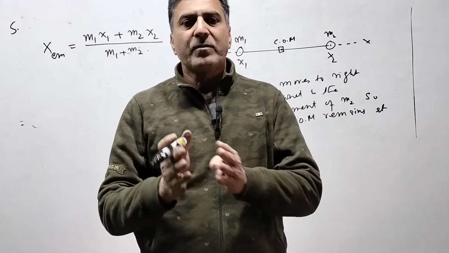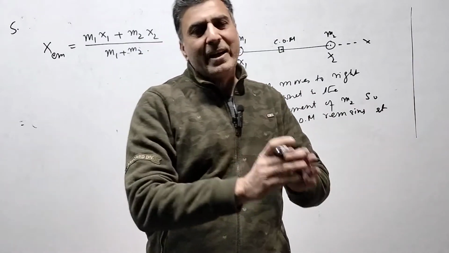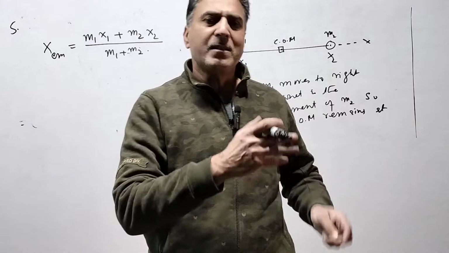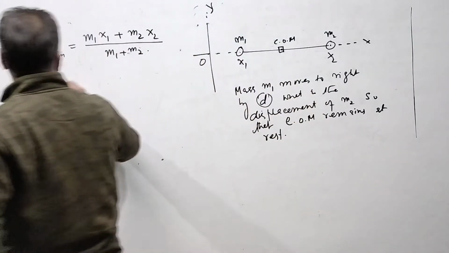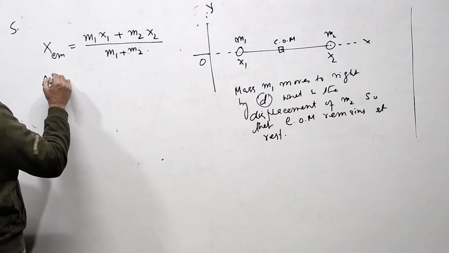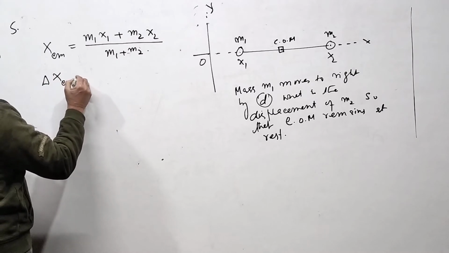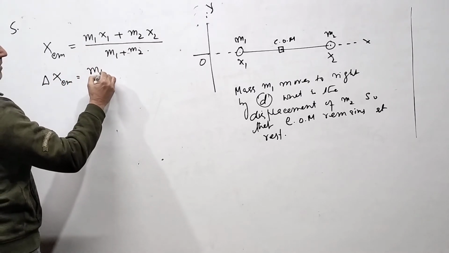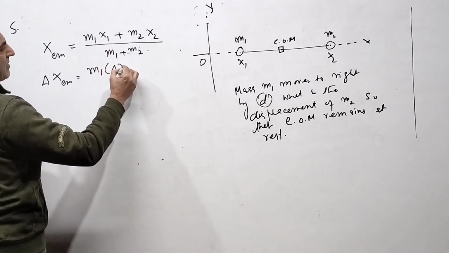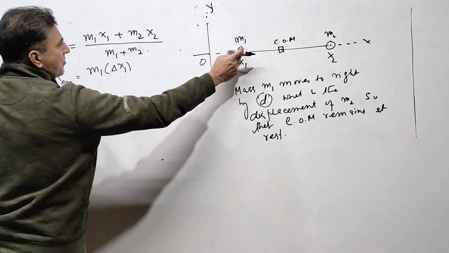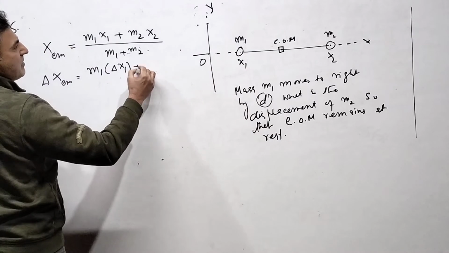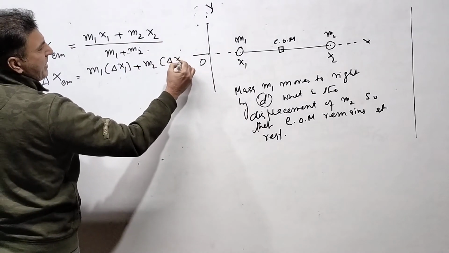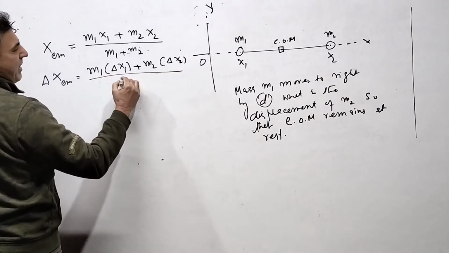So I will write taking the differential on both sides or change on both sides or differentiating both sides, वो सब चलेगा. Have a look. Delta x cm, change in the position of the center of mass, is equal to m1 change in the position x1, I mean change in its position, plus m2 change in the position of x2 that we have to find, divided by m1 plus m2.